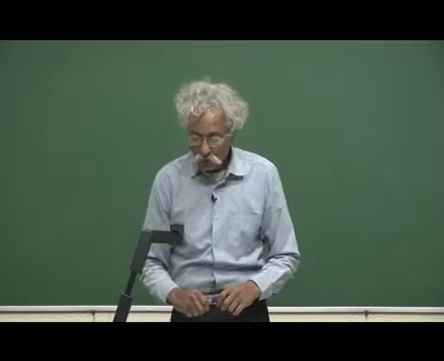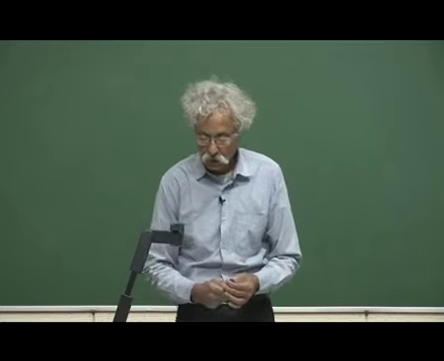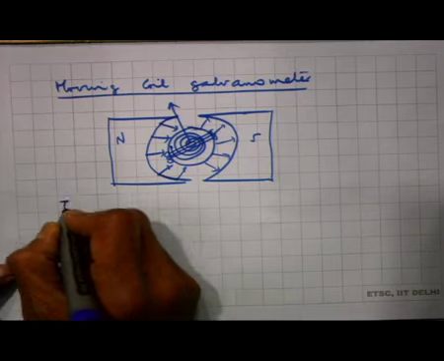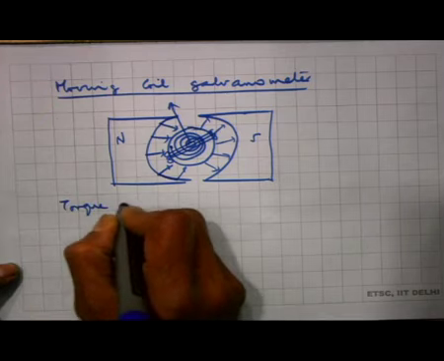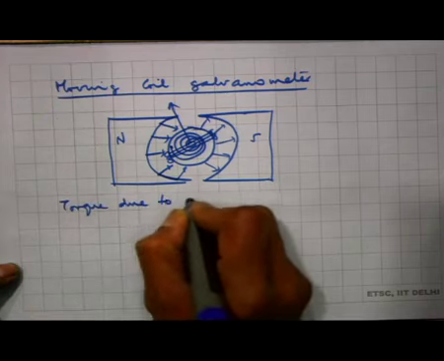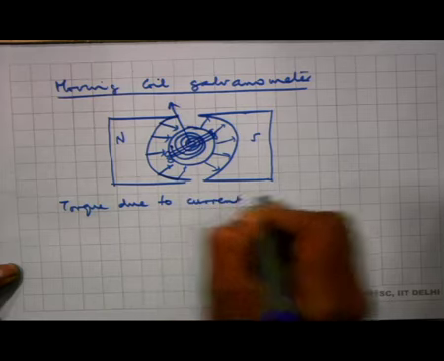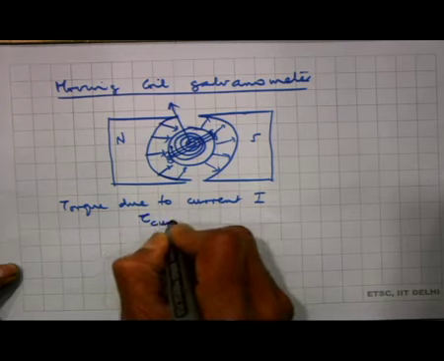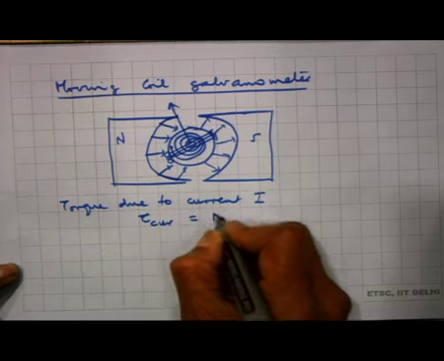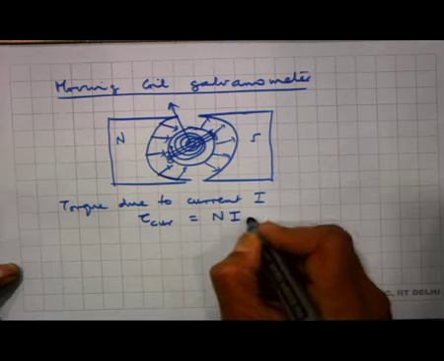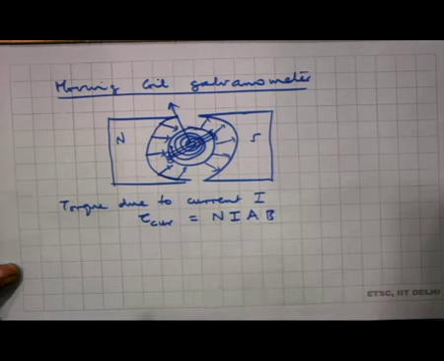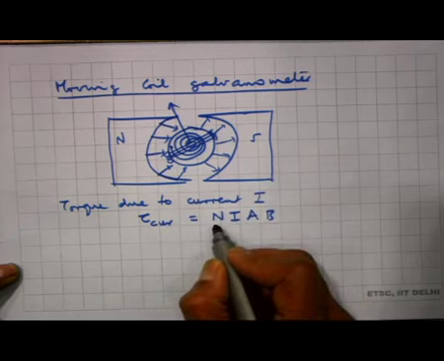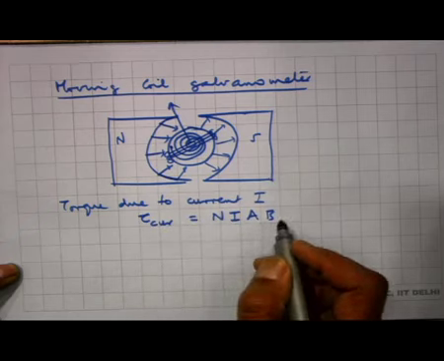And so, let me calculate what is the deflection of this needle. So, the torque due to current I, let me call this tau current, is equal to n I A B. A is the area of the current loop, I is the current propagating through the loop, there are n loops, and B is the magnetic field.